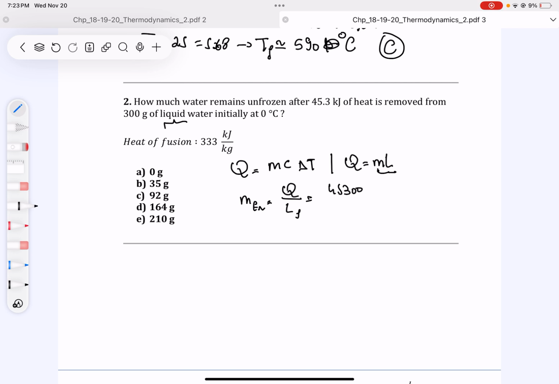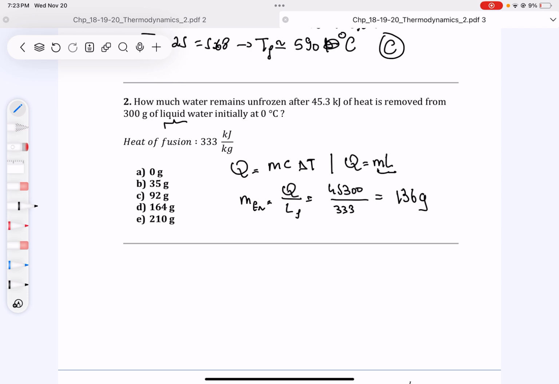It's just mathematics. To get the answer in gram, we multiply by 1000. Then we get 136 gram of frozen water.